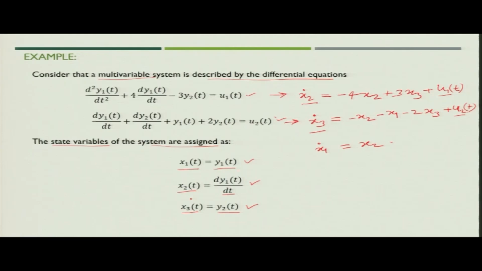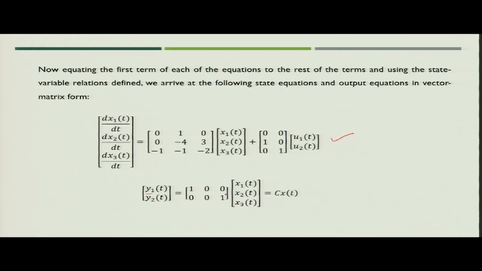So, we take y1 and y2 as output variables and compile the state equation, we get the output equation as y1 y2, and in the matrix we get 1 0 0 and 0 0 1 times x1 x2 x3.